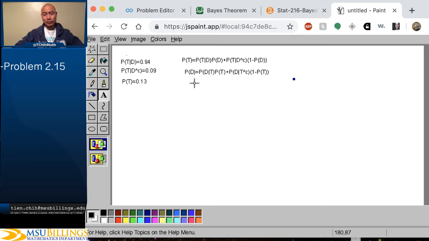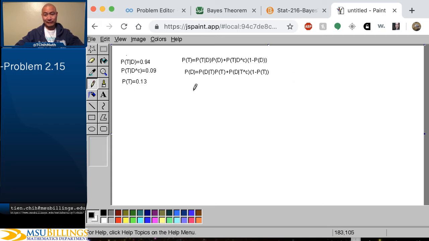I don't know P of D given T, and I don't know P of D given T complement. I do know P of T. So in this first equation, there's 4 unknowns, but I can identify 3 of them. In the second equation, there's 4 unknowns, but I can only identify one of them, really. I can just identify P of T. And so you want to be in the scenario where you know more. That's just the better place to be.